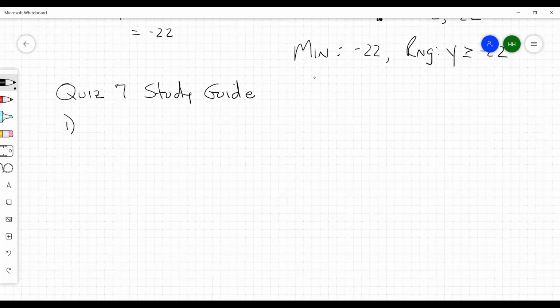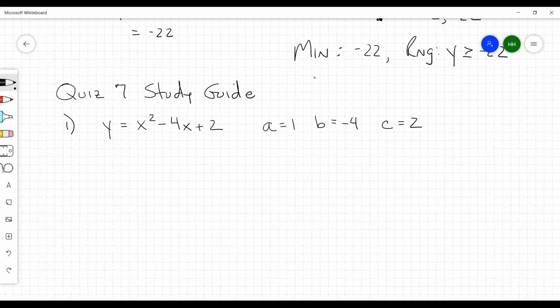Number 1 asks, what is the graph of the equation? So we've got y equals x squared minus 4x plus 2. We have to find the vertex. A is equal to 1, B is equal to negative 4, C is equal to 2.